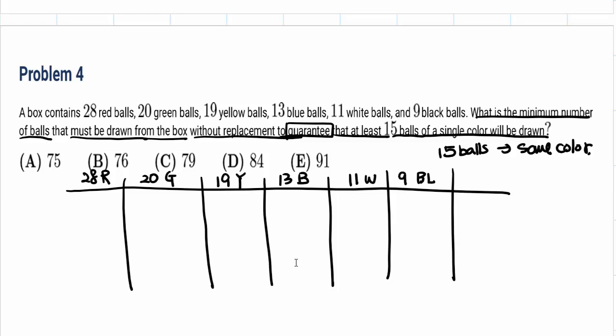Black is 9. If you got all 9 balls, 9, 9, 9, 9, 9, 9, okay, this is the worst case. They are different balls. So if you take out 54 balls, still only 9 balls are the same color. So when you take 9 over here, this is no more. This is out.